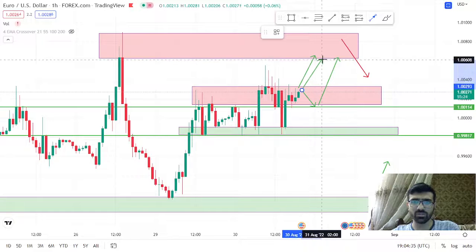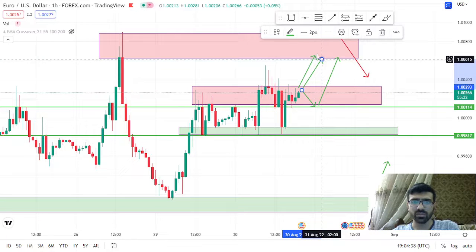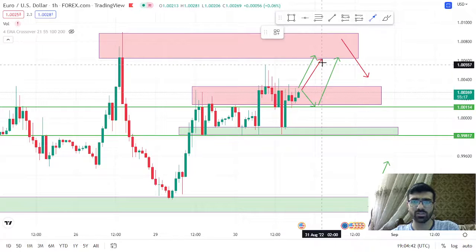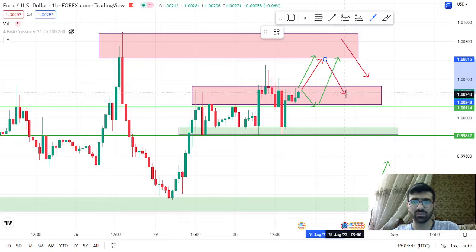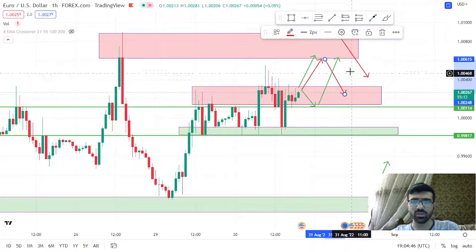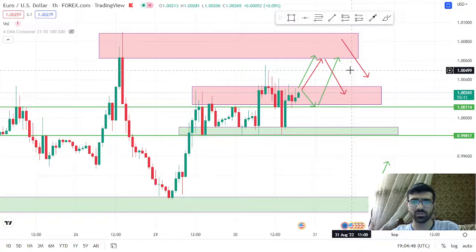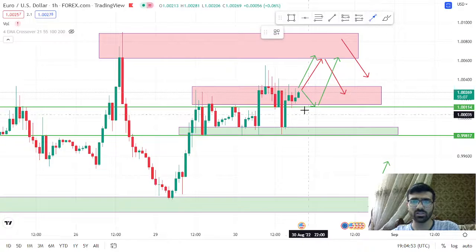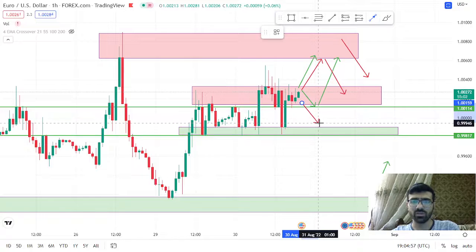Okay, now for the selling option, what we are going to look for is that if the market goes up in this zone, let me mark this scenario in red, and the market closes below this area, then maybe we can go short. Something like this. Another selling scenario would be if the market closes below this area, maybe we can go short straight away.